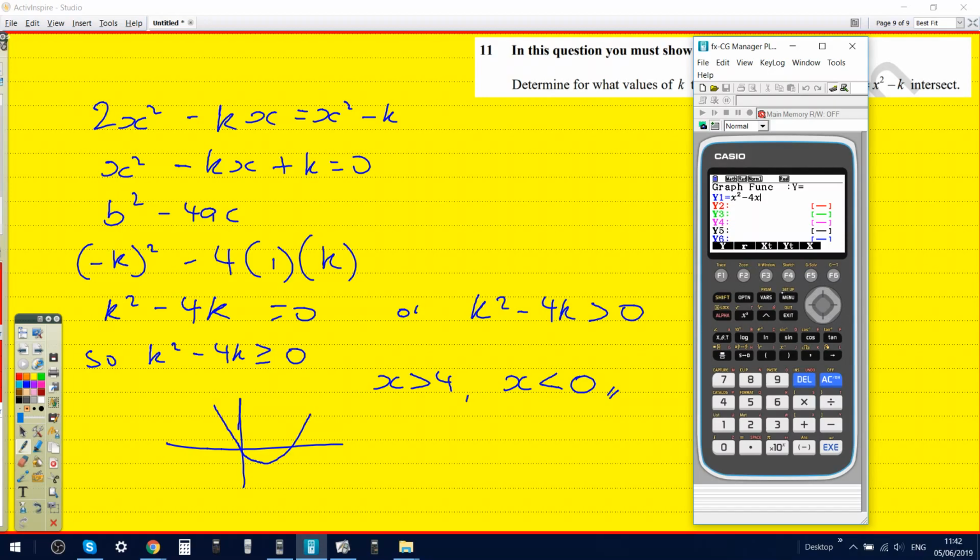I did see some way to shade the graph as well for the inequality. I think if you do type, it changes it to an inequality if you go to the right. Ah, yeah, greater than or equal to.